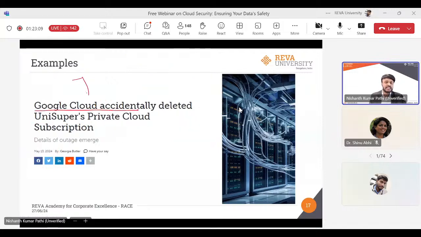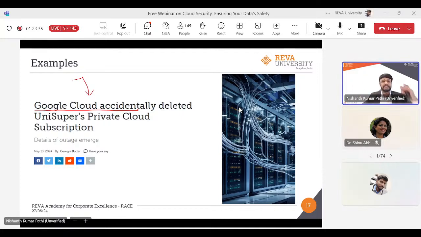Many people think, how can a cloud provider delete data? And we all know that someone who understands the internals of cloud will tell you that if you are storing something in an S3 bucket, it's always replicated in 2 or 3 locations. But look at Google, they also replicated the data in 3-4 locations, but they deleted the subscription. When the subscription is deleted, every copy is deleted.